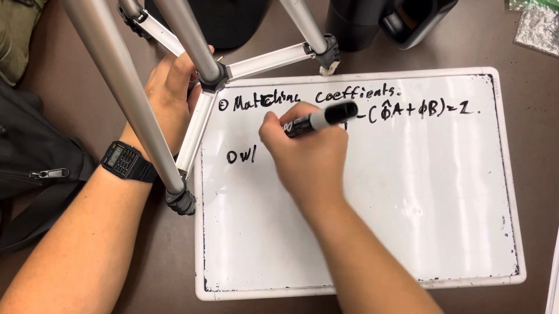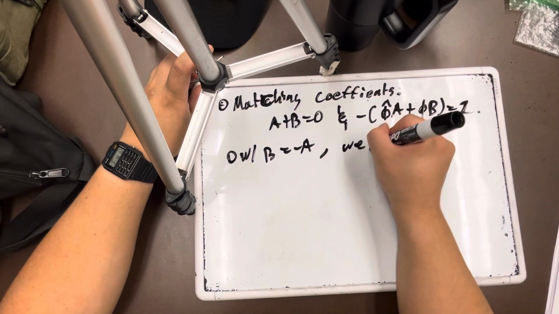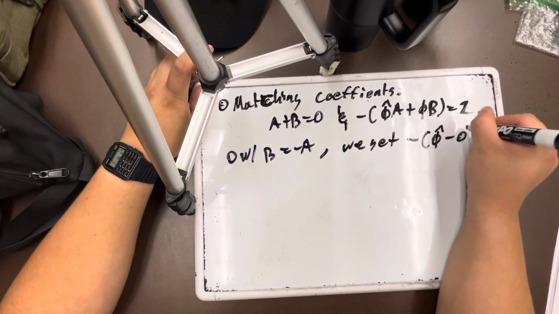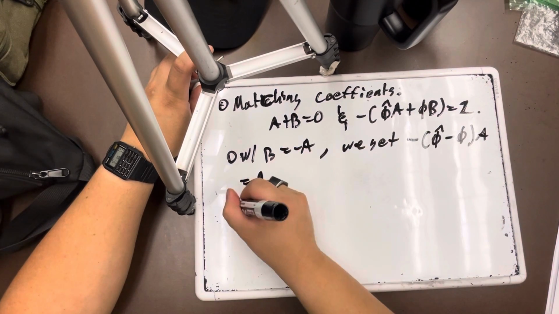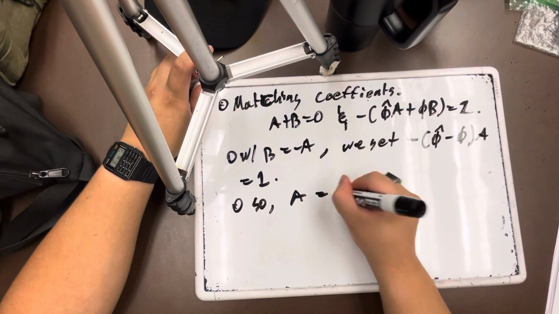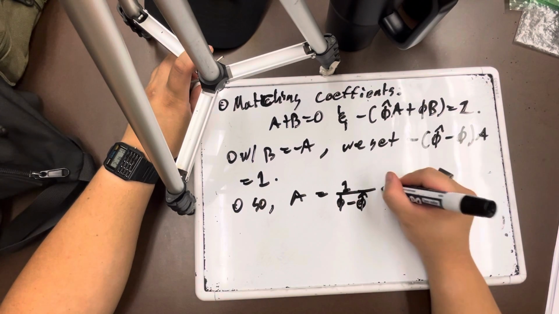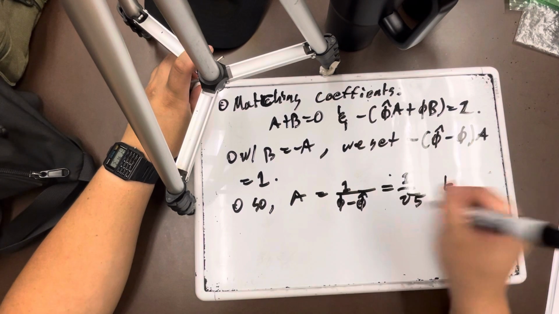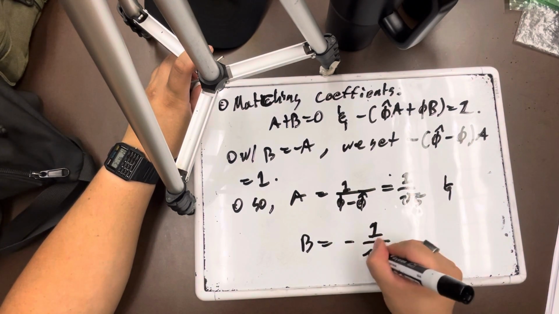So with b equal to negative a, we get negative (phi hat minus phi) times a is equal to 1. So a is equal to 1 over phi minus phi hat, which is equal to 1 over the square root of 5, and b is equal to negative 1 over the square root of 5.